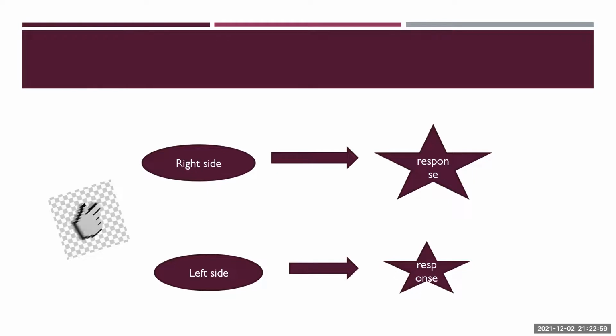That is, the side of the stimulus produces strong contraction. So if they are giving a stimulus on the right side, the response will be produced on the right side and also on the left side. But he says that the response produced on the same side will be more compared to the other side.